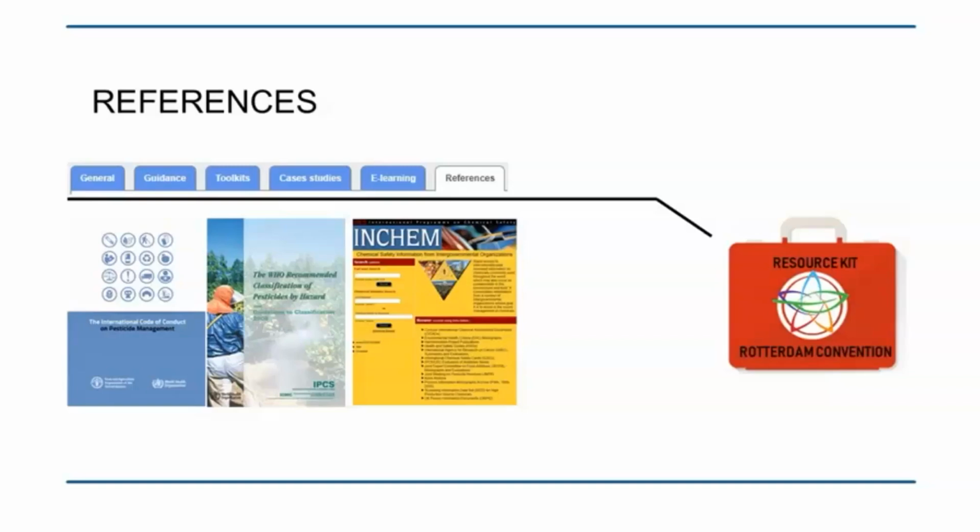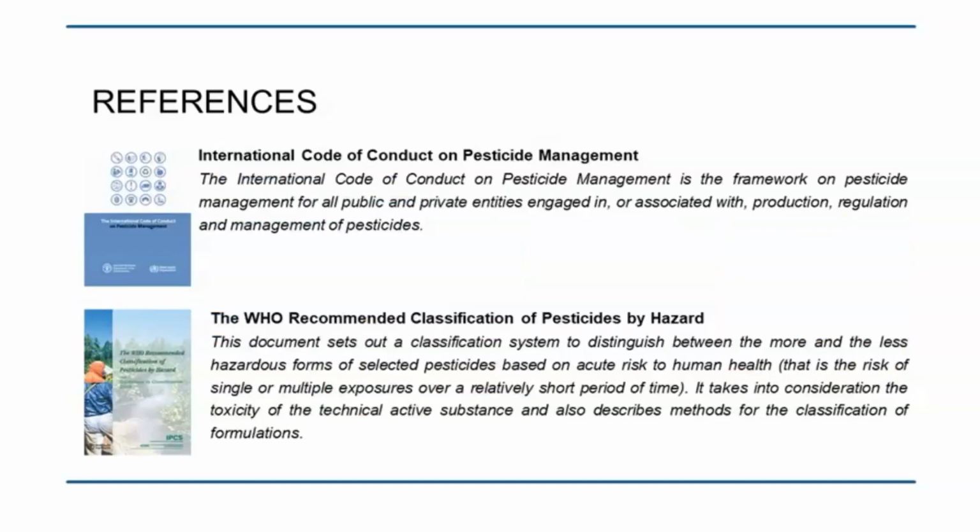That is correct. The reference there on the International Code of Conduct on Pesticide Management is the version published in 2014. In any case, the Secretariat is always looking at updates to the information provided, not just on the resource kit, but altogether on the convention's website, to make sure that parties and other stakeholders always have the most up-to-date information related to the convention.